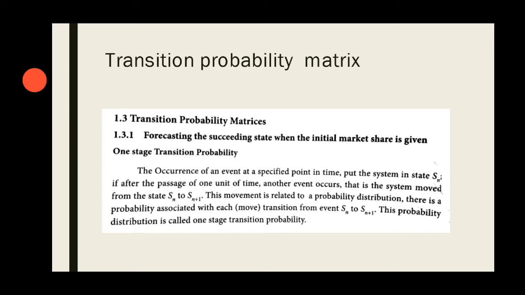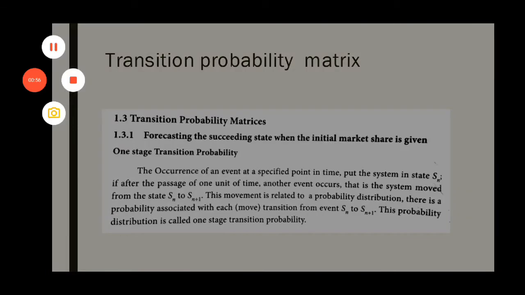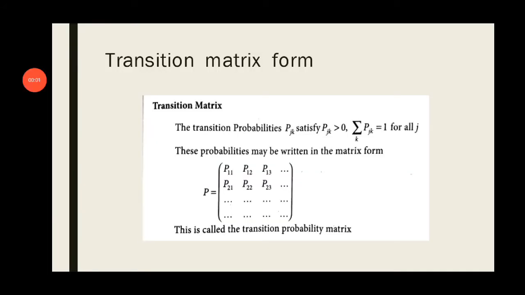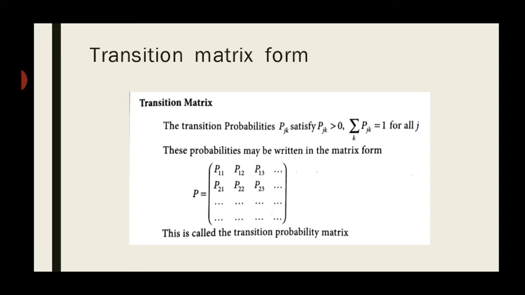This probability distribution is called the one stage transition matrix form. So here I have given a picture which depicts the transition matrix form.